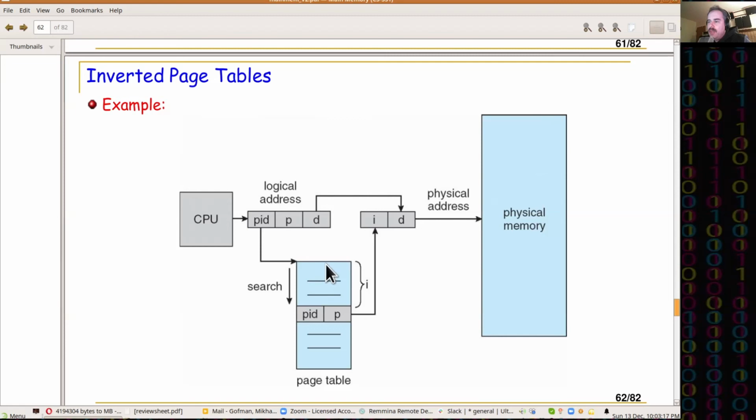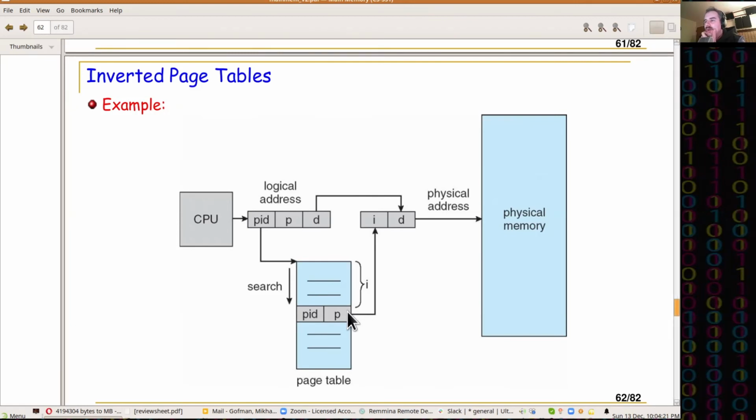Each element of the inverted page table contains the process ID and a virtual page that is mapped to the physical frame represented by the location I. In other words, if this entry is found at the index location I, it means that the process with this PID has its virtual page P mapped to the physical frame I. So once again, the index of this entry represents the physical frame, and the contents of the entry represent the process for which this mapping applies, and the virtual page number to which the physical frame I is mapped. So that's basically the idea.